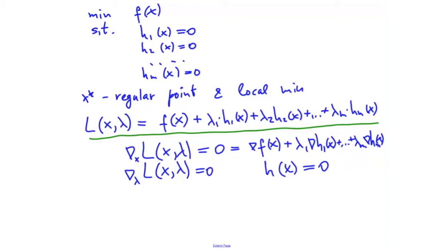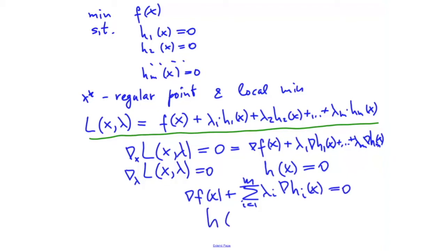As a result, we have the gradient of f of x plus the sum for i between 1 and m of lambda i times the gradient of hi of x equals 0, and then h of x equals 0.